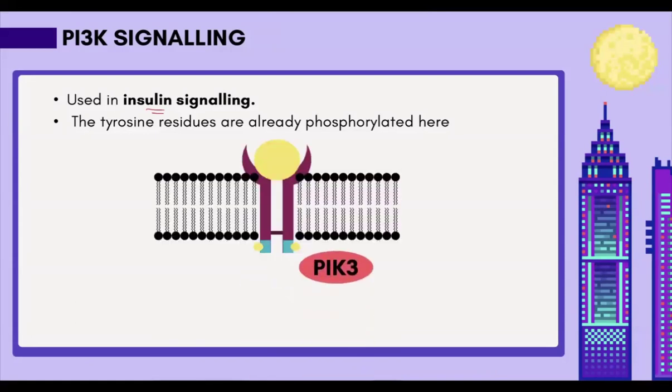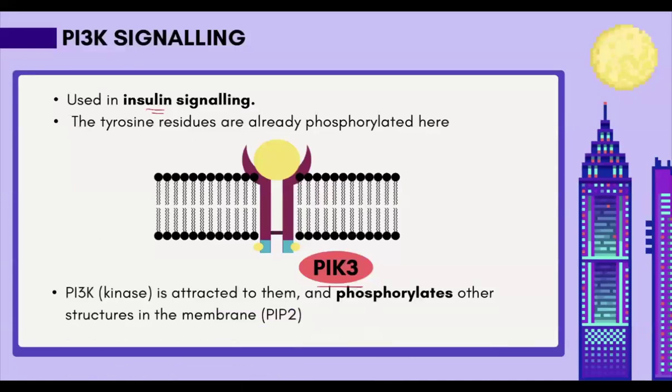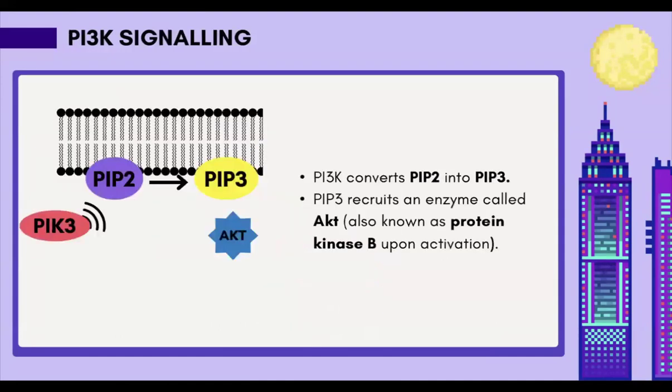And then this phosphorylated tyrosine residue is attracting an enzyme called PIK3. And PIK3 is another kinase. So it's not going to be phosphorylating the tyrosine residues, it's going to be phosphorylating something else. So this is our cell membrane, and the cell membrane contains something called PIP2. And what PIK3, the kinase, does is phosphorylate PIP2 and convert it into PIP3.